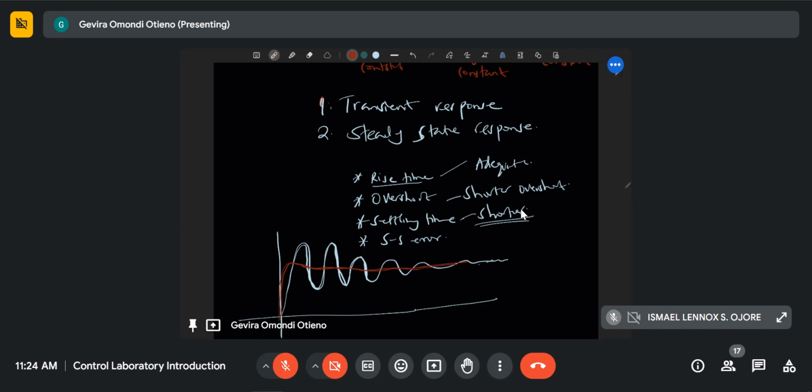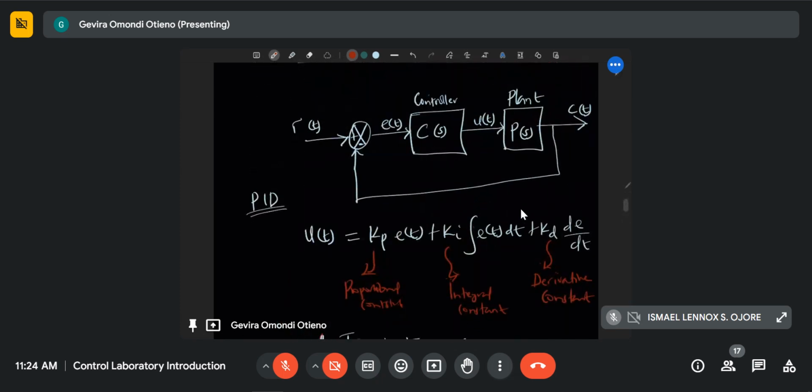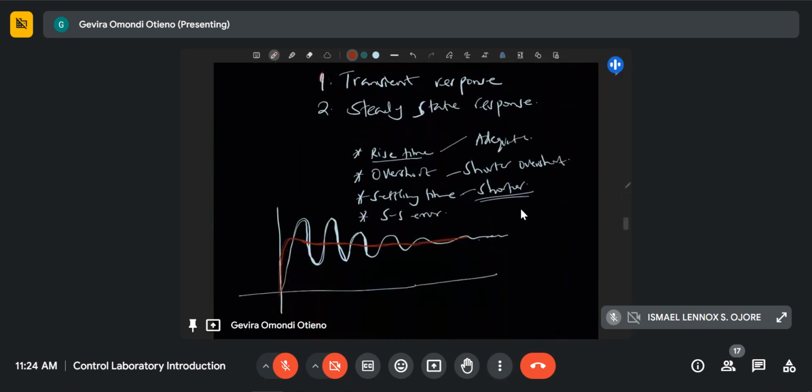So therefore, you will have to be adjusting the values of Kp, Ki, and Kd. Once you change the values of Kp, Ki, and Kd, you will see the effect on the rise time, the overshoot, the settling time, and the steady state error. So if your system, for example, has a very high rise time, if you want to decrease it, then you increase the proportional constant. Then that value will be reducing.